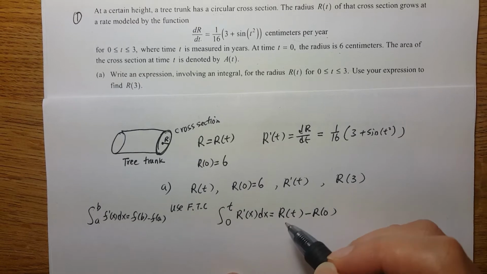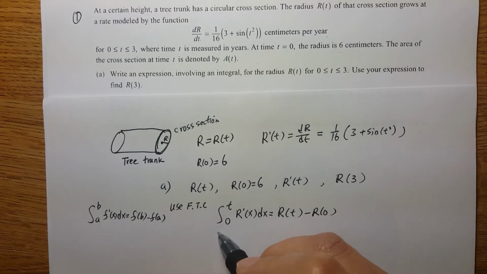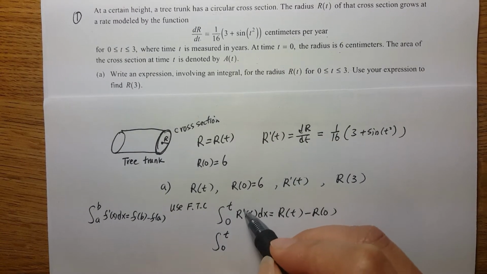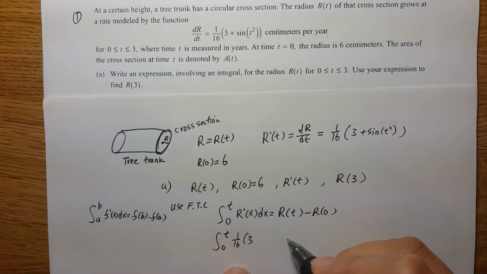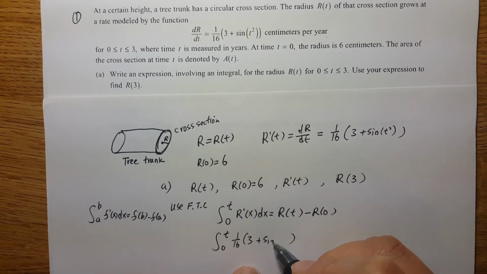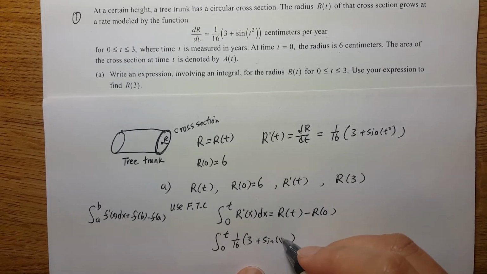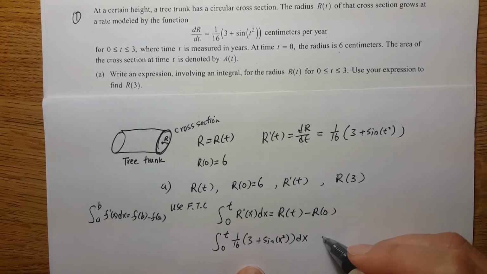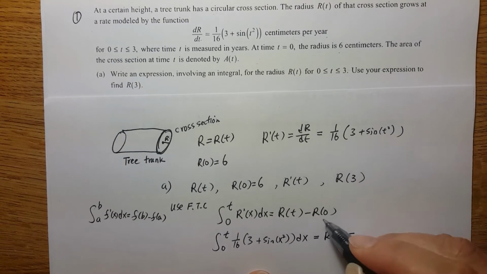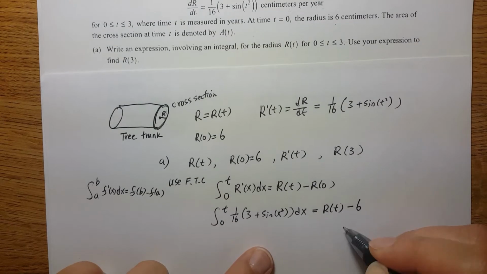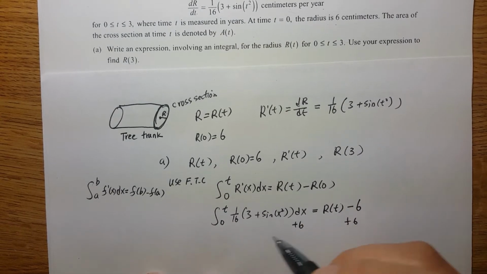So now I am going to substitute. I get the integral from 0 to t. My R prime is this, so I'm going to write 1 over 16. I cannot use t, I have to use x. And then minus 6 because R(0) is 6, so plus 6.